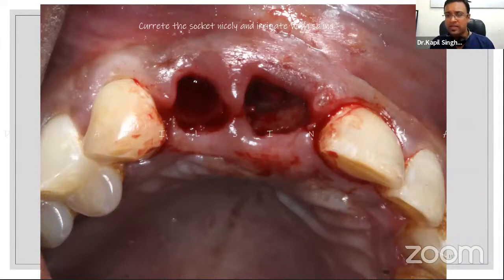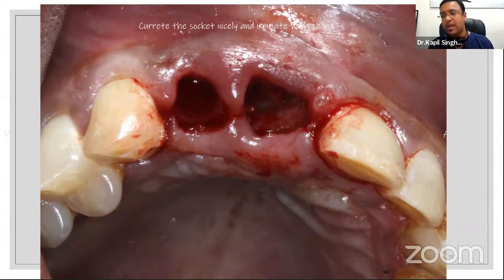Because suppose only one wall, the palatal wall, is present, and if I place my implant and I put my graft, where would my graft get the blood supply and the osteoblasts to mature? The osteoblasts would come from the bone that is present there, and the only wall of bone that was present was the palatal bone, and that palatal bone is now completely occupied by the implant that I have placed.